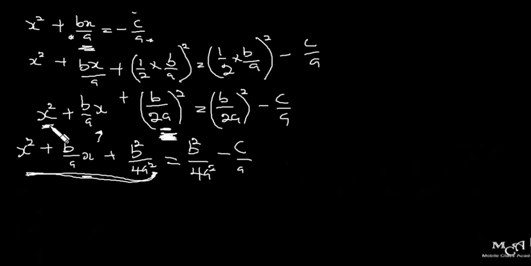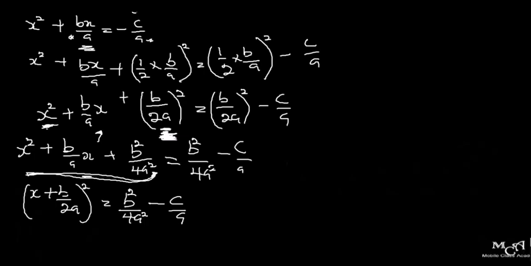You pick one value from x, then pick one value, this is b over 2a, then add the two together and square them. So you are going to have (x plus b over 2a) squared equals b squared over 4a squared minus c over a.